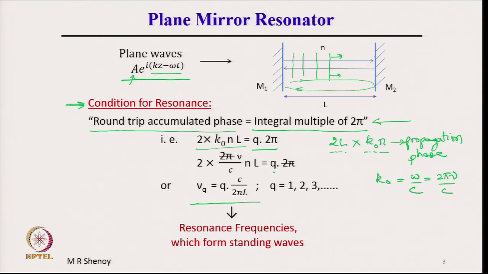This qth order resonance is given by nu q equal to q times c by 2nL, where q is equal to 1, 2, 3, 4 etc., an integer. So, these are the resonance frequencies which form standing waves inside the resonator. When the round trip phase is an integral multiple of 2 pi, those frequencies which satisfy this condition will form standing waves inside the resonator.